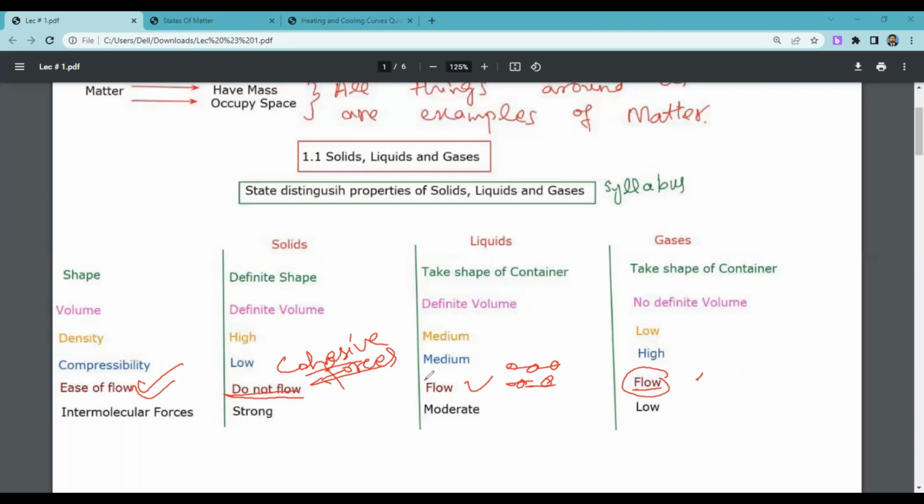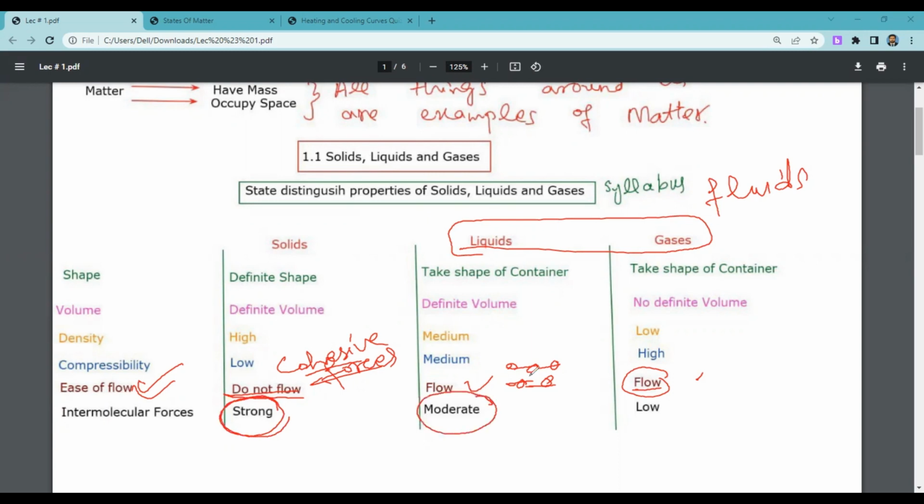Due to this reason, liquids and gases are also known as fluids, because they can flow. If I talk about intermolecular forces, in solids the intermolecular forces will be very strong, while in liquids the intermolecular forces will be moderate, while in gases the intermolecular forces will be low.